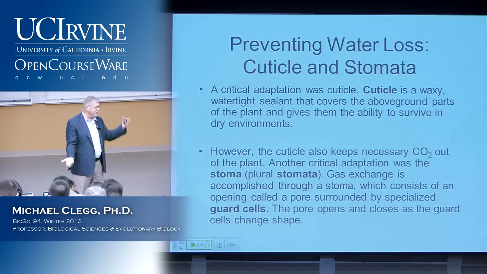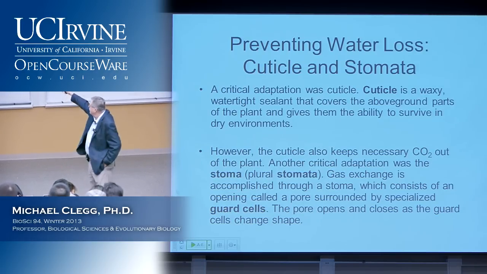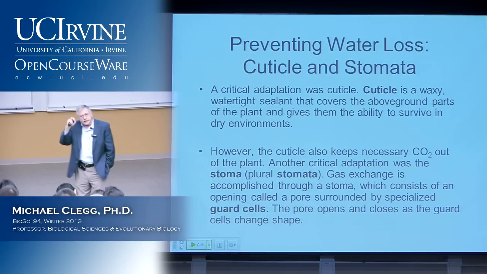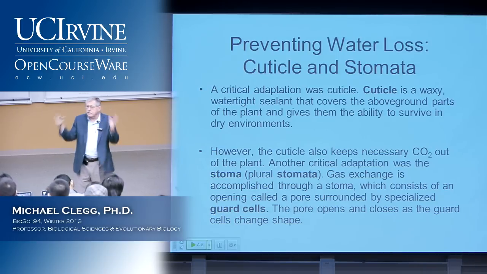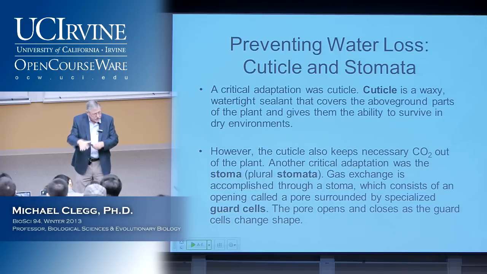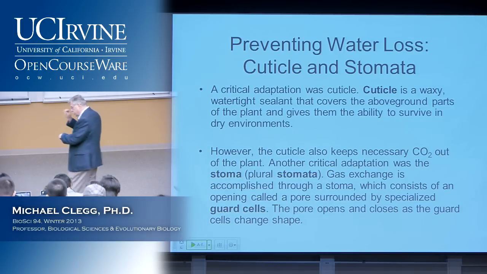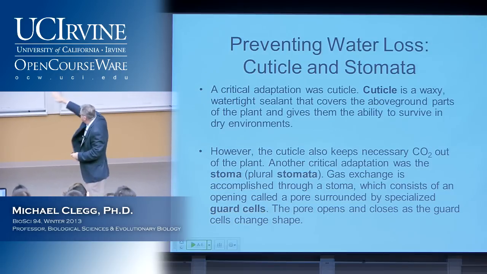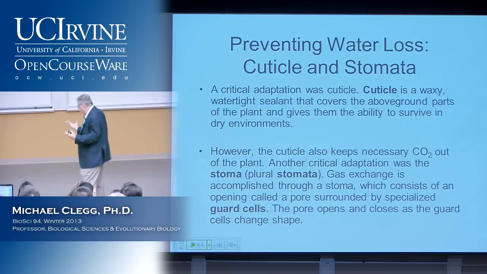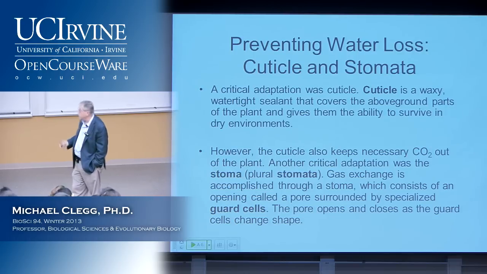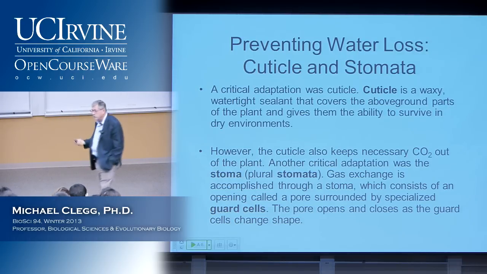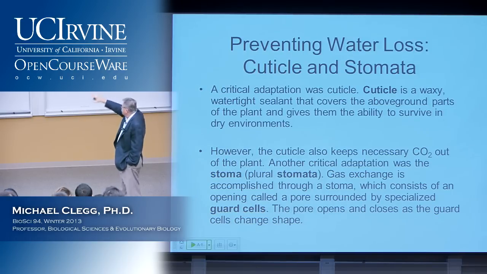That's often the way life is. And so in this case, you solve that other problem by creating special pores that allow for gaseous exchange. Most of the structure, a leaf or whatever, is covered by the cuticle, can't do gas exchange, but there are special places where there's an opening for gas exchange, and these structures are called stoma, or stomata, which is the plural form. And gas exchange is accomplished through the stoma.